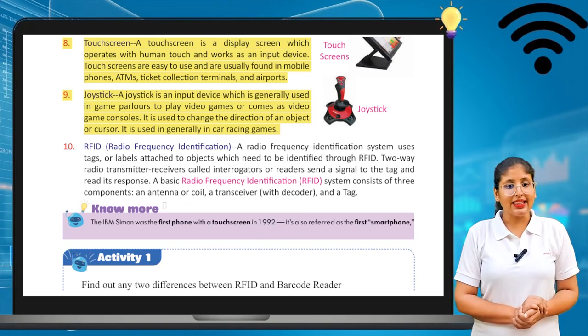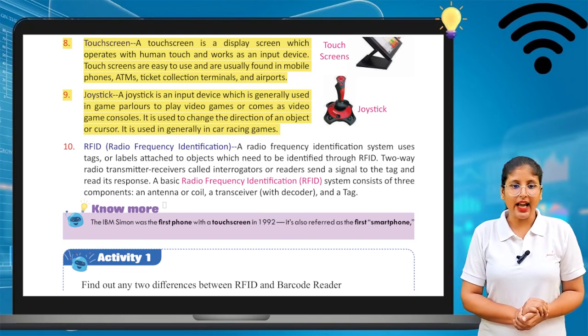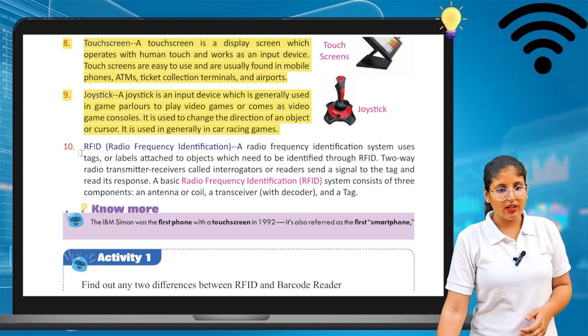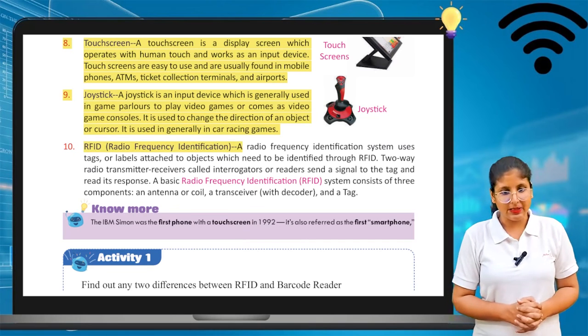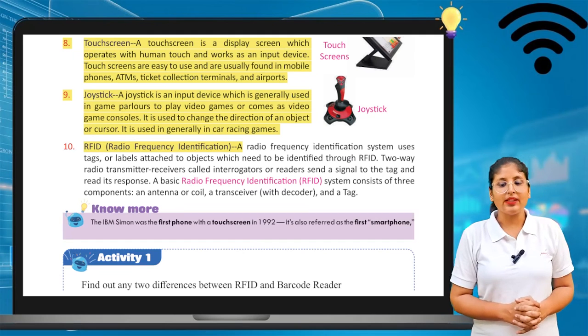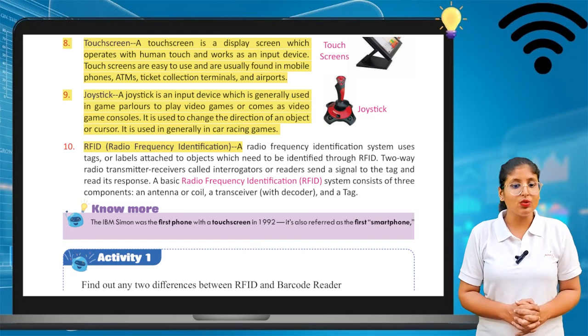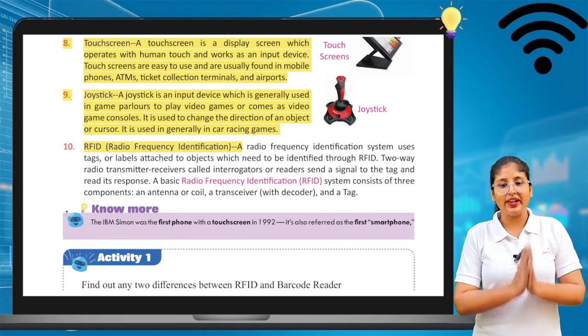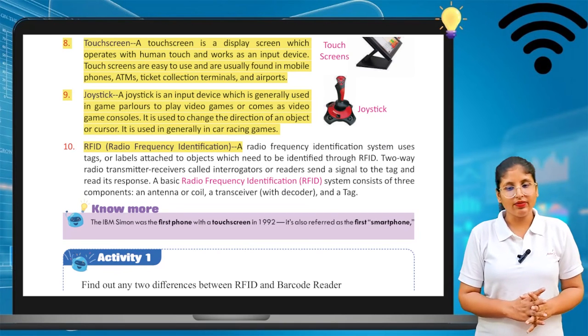Next is 10th, that is RFID, that is radio frequency identification. This is important. Okay, so a radio frequency identification system uses tags or labels attached to an object which needs to be identified through RFID.